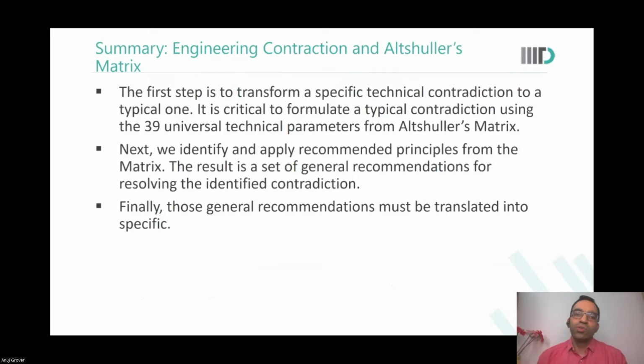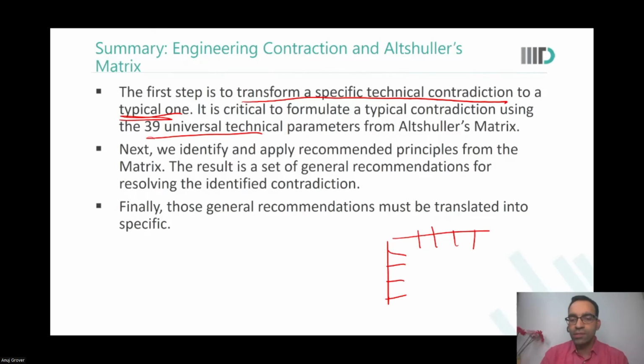So the basic summary is that the first thing you do is transform the specific technical contradiction, the initial if-then-but statement, into a typical one. When I say typical one, it means that you have to use one of the 39 parameters listed on this lookup table.